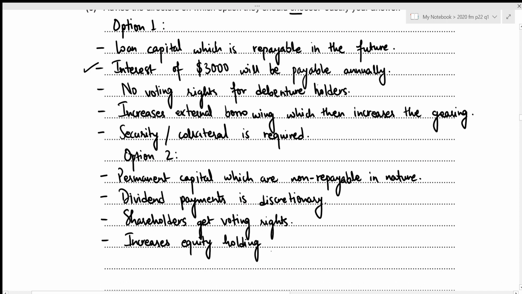And whenever there is an increment in equity holding, this will decrease the gearing ratio. So let's write it down, which then decreases the gearing. All right. And in case of shares, we do not require any sort of security or collateral. So security or collateral is not required.